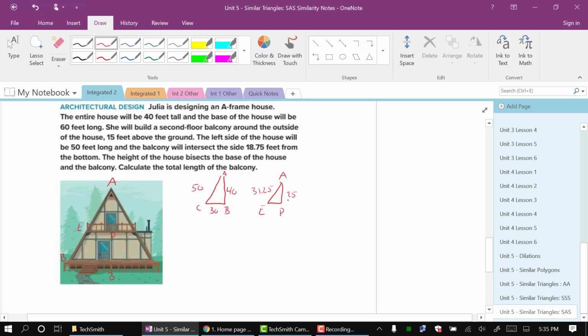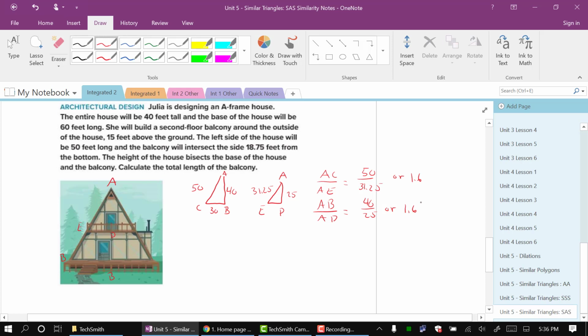Now we're going to figure out, are these two triangles similar? We'll start off. AC corresponds with AE. That's 50 over 31.25, which when you divide it gives you 1.6. Then our next one we want to check is AB with AD. This is 40 over 25, and when you divide that, that gives you 1.6.